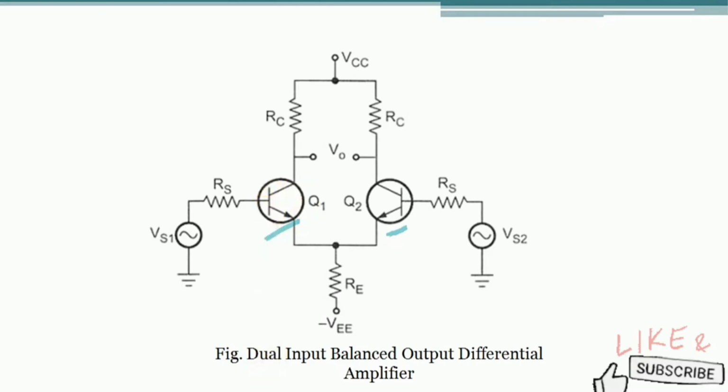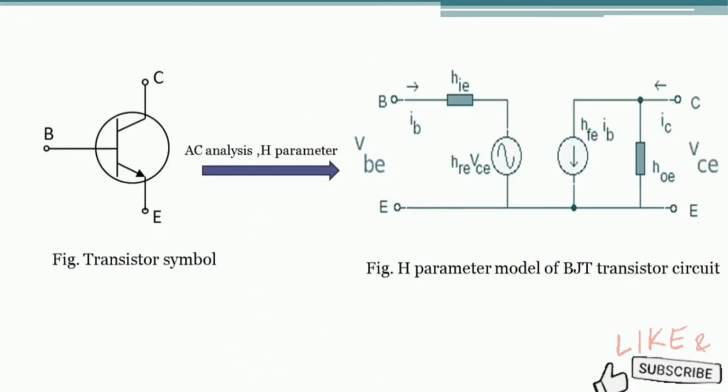Okay. Now let us see a single transistor. Here we are considering an NPN type of transistor. The H parameter model of the BJT transistor circuit looks like this. The base is connected to HIE, thereafter one voltage source HRE, and the emitter is at the other point.